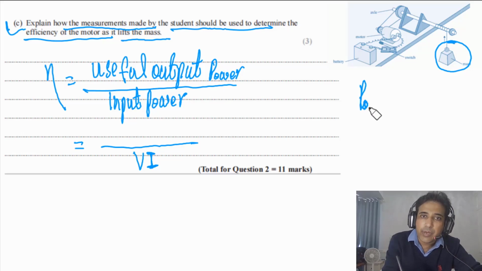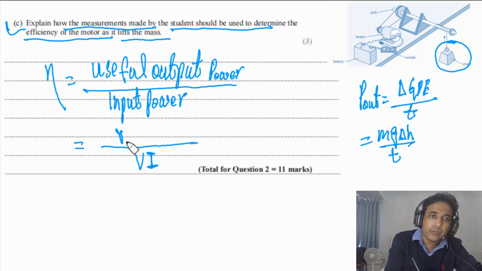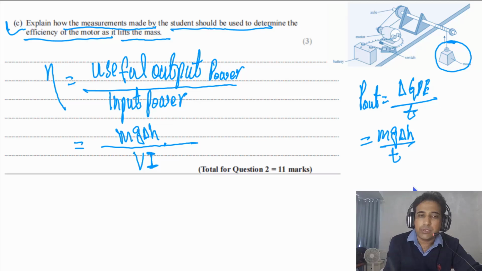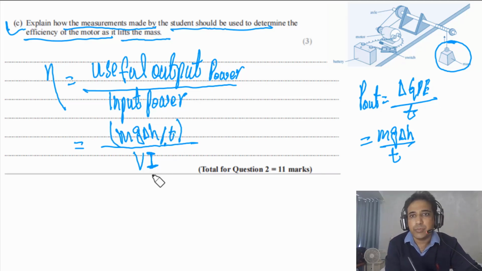So the power out is the change in GPE of this mass over the time taken T, which will be equal to mg delta h over T. So we can write mgh over T. This is P out, and this is P in.